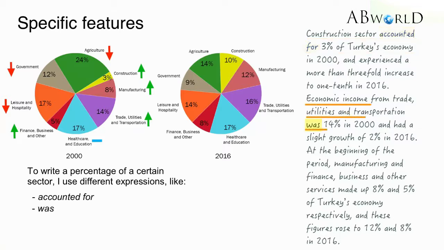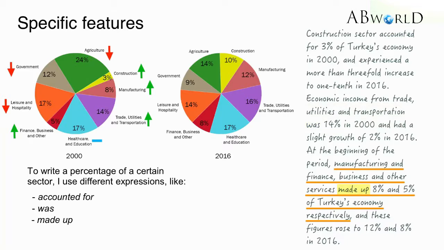Was. Economic income from trade, utilities and transportation was 14%. Made up. Manufacturing and finance, business and other services made up 8% and 5% of Turkey's economy respectively.